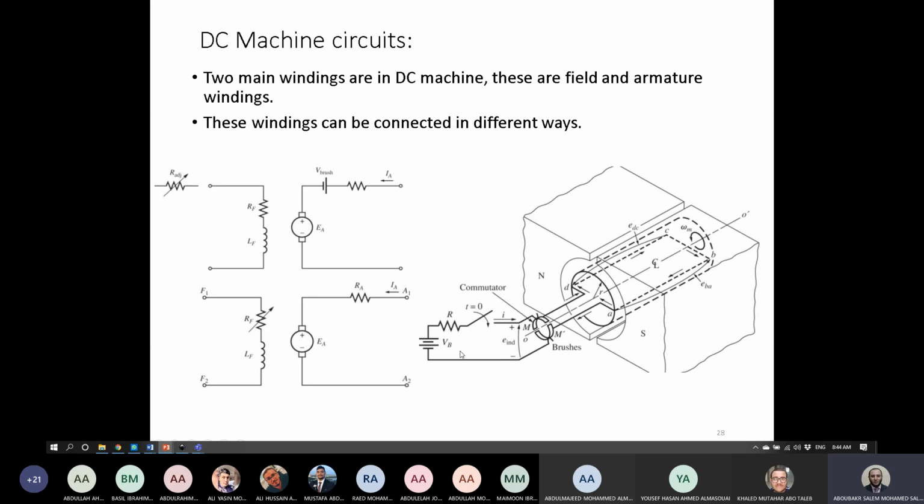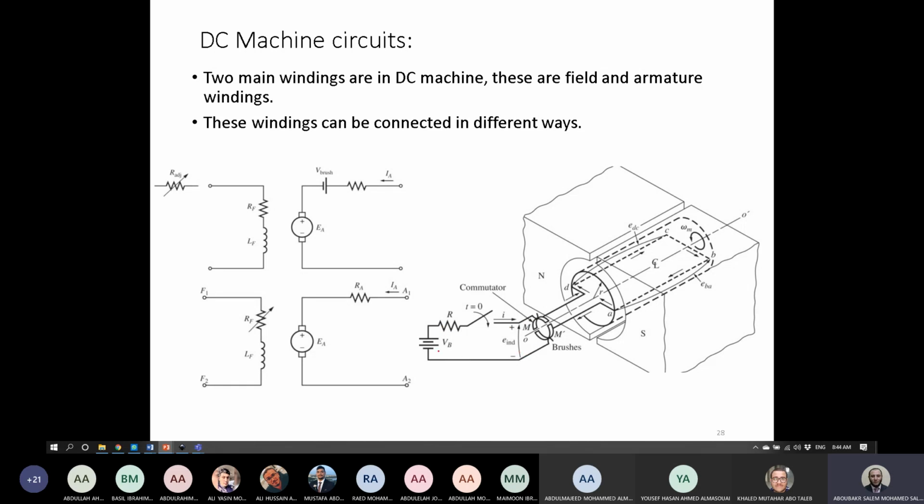So this is now the elementary shape of our DC machine. We need to convert this to an equivalent circuit. So you have internal windings for the rotor, and these windings are connected through the commutator and the brushes connected to the supply.